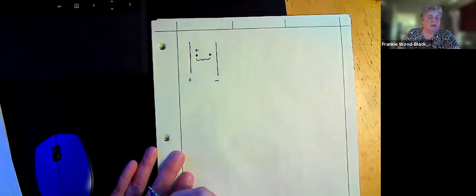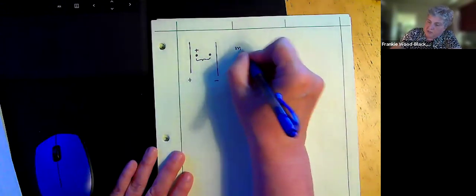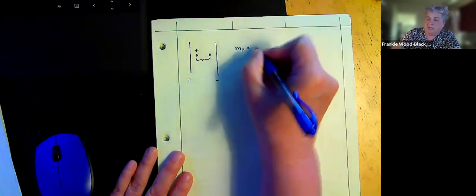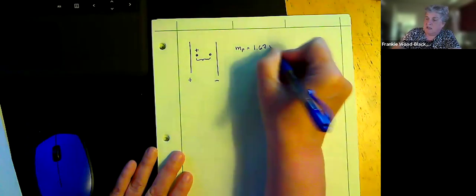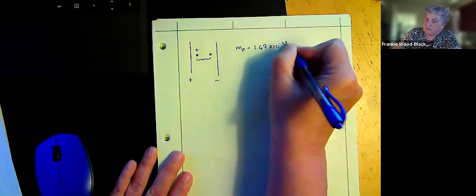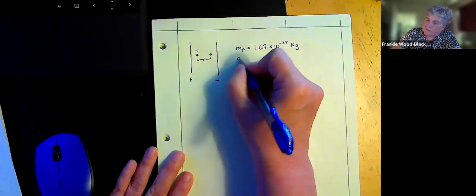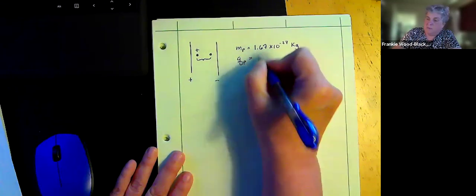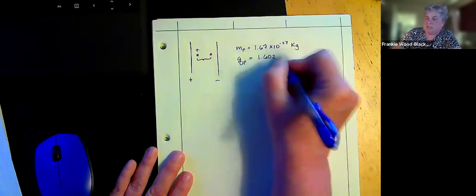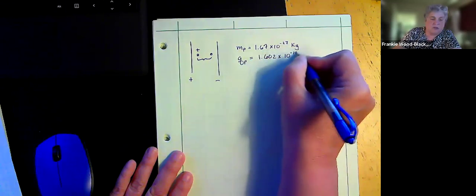The mass of a proton is 1.67 times 10 to the minus 27 kilograms. The charge on my proton is 1.602 times 10 to the minus 19 coulombs.